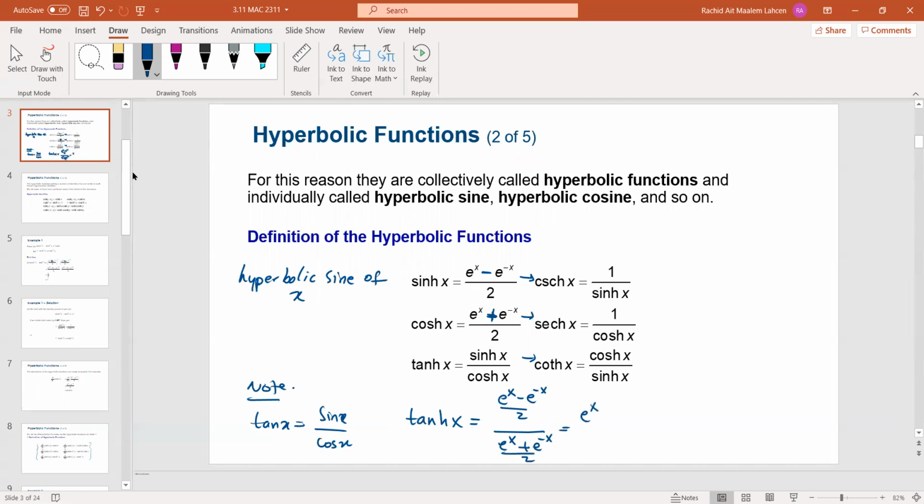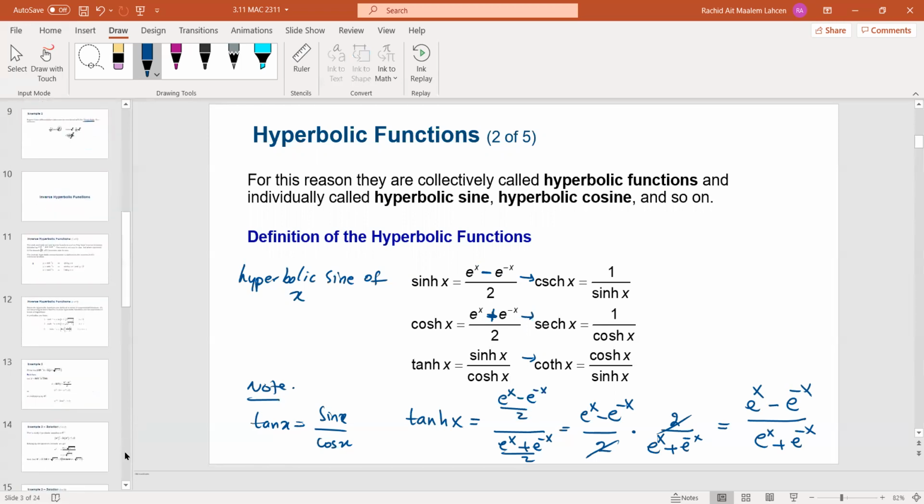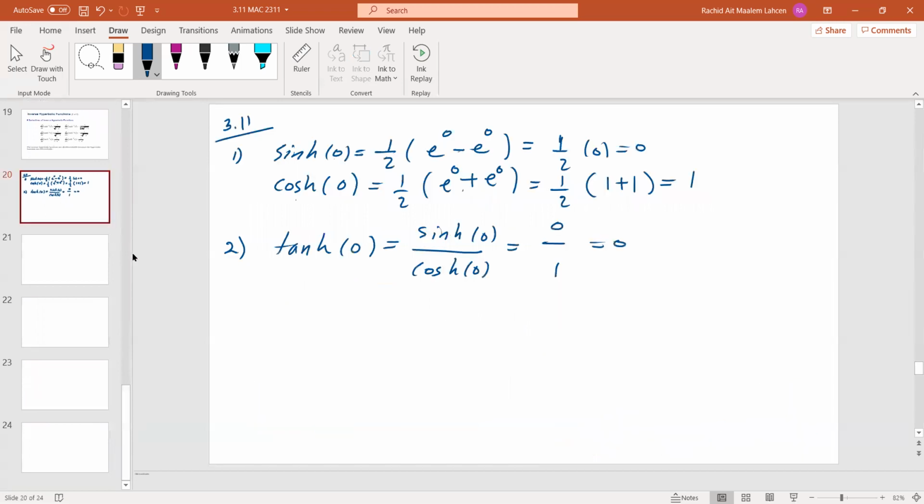That tells us to keep the first one, times 2 divided by, and this cancels. So this formula simplifies to this. Instead of having to come up with it, you can use it for tangent hyperbolic all the time. It's not the formula that changes.